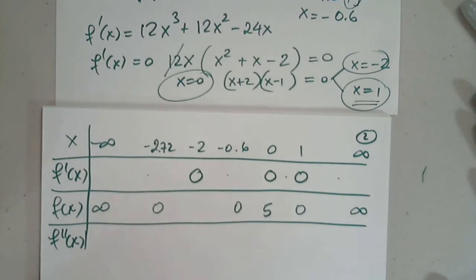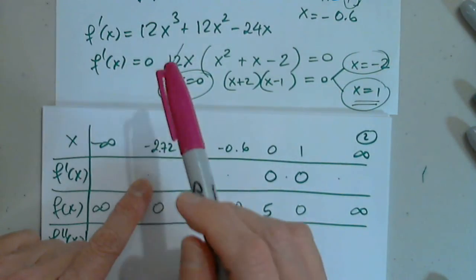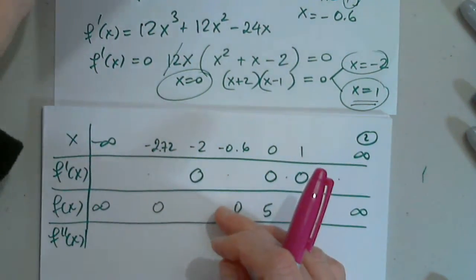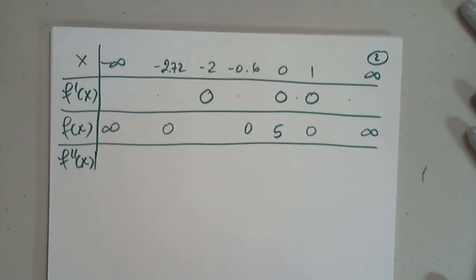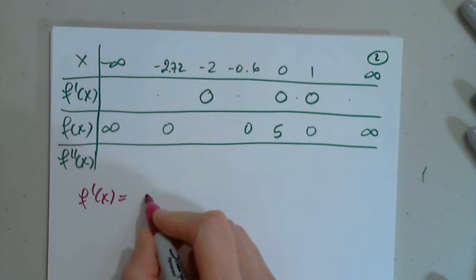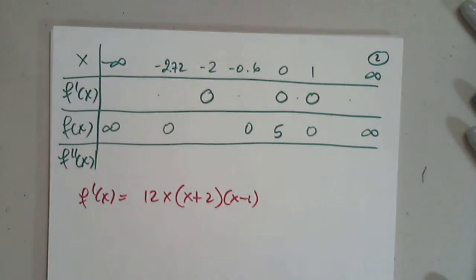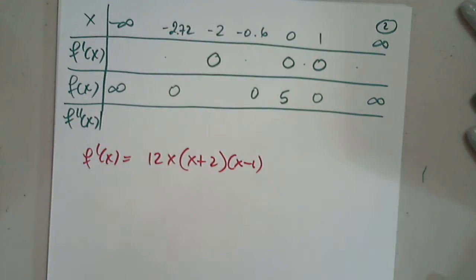Sorry about that. So now, let me write again the first derivative. The first derivative was 12x times x plus 2 times x minus 1. I prefer the factored form, and I'll show you why.